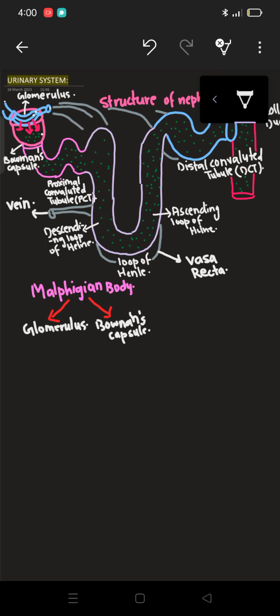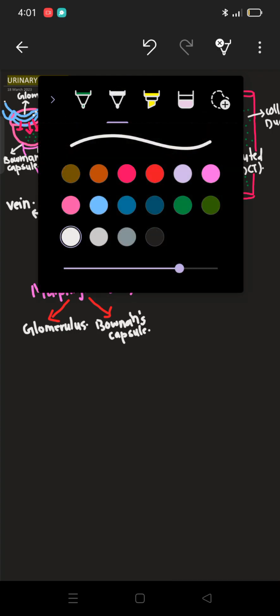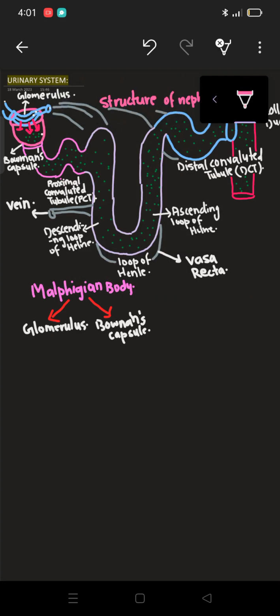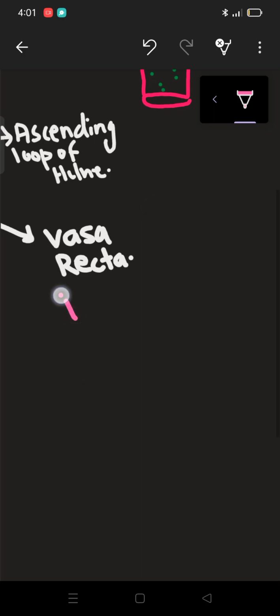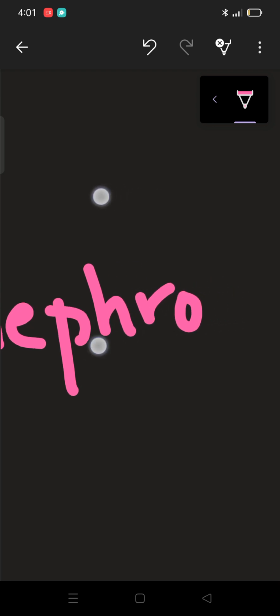Alright, so here we need to know that we have two types of nephrons. First we have cortical nephron, and second we have juxtamedullary nephron. Now we should talk about their weight. Alright, so initially I'm going to write here types of nephron with this color. As I told you, we have two types of nephron.